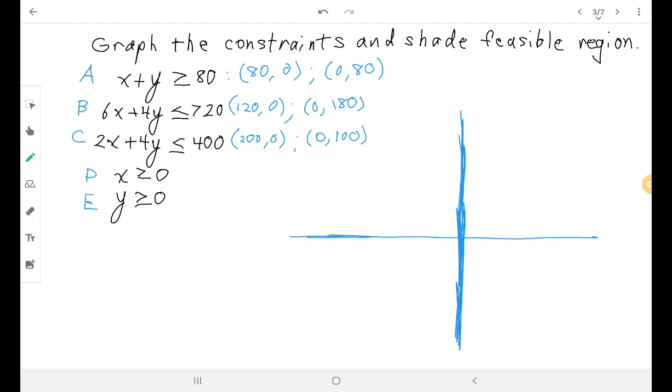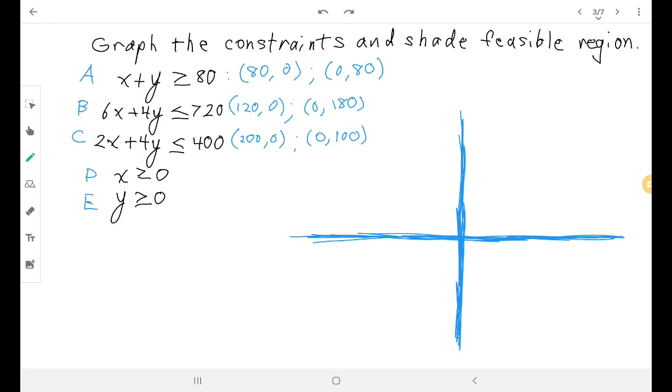Y equals 0 is there. And then x has to be greater than 0, so that's going to be all the stuff over here. Y has to be greater than 0, so it's going to be all the stuff here. So we're only talking about this area, this quadrant right there. Okay, so that'll be important.